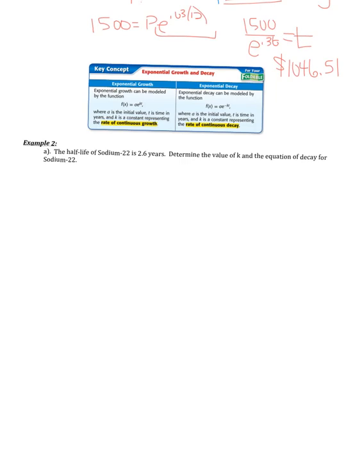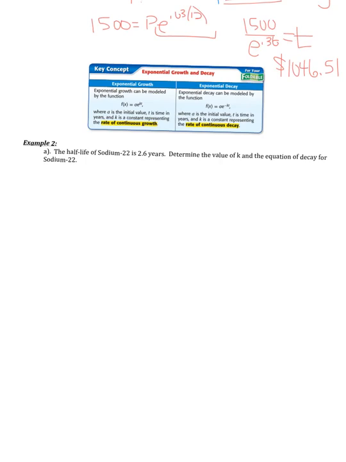So for part A, it says the half-life of sodium-22 is 2.6 years. So what that means is you have a certain amount, and after 2.6 years, it has decayed to half of that amount, and we can use that to find the rate of decay.